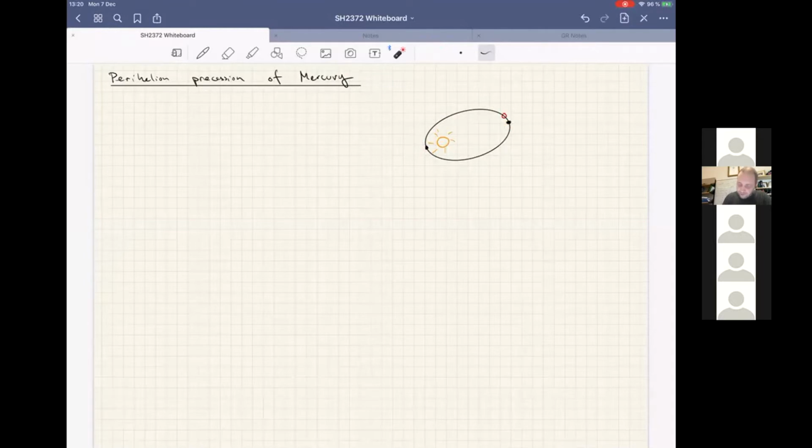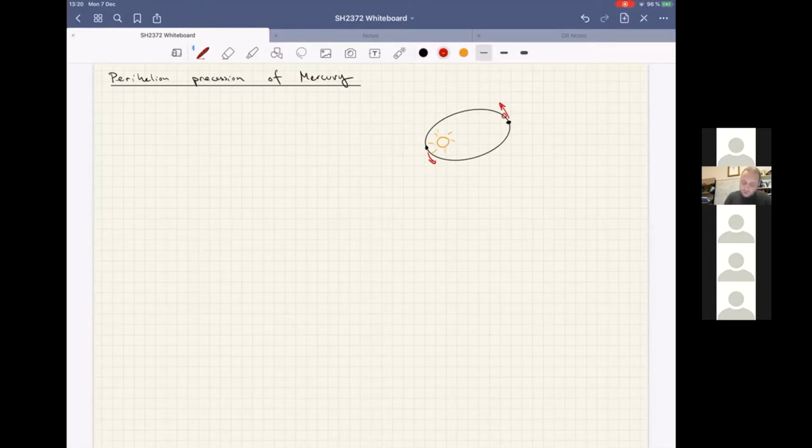But every orbit it makes, it comes back to the same point. And the precession is that if you go out and observe, for example, Mercury in its orbit, you will see that these points move around, so the orbit does not close exactly.